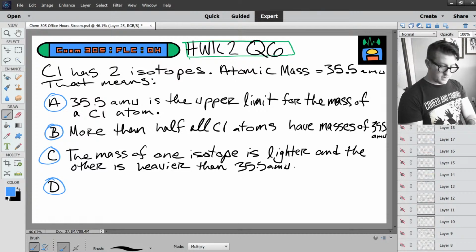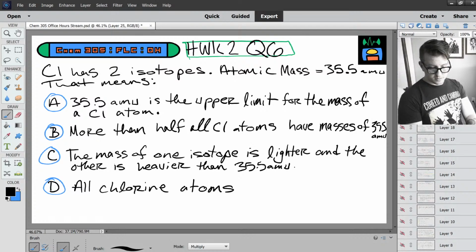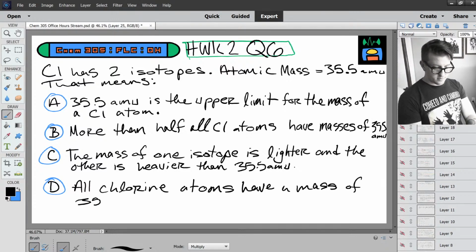And then D means that all chlorine atoms have a mass of 35.5.